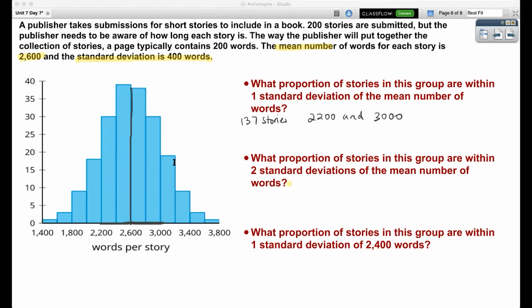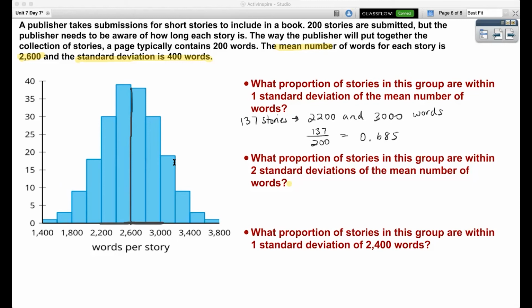There are 137 stories that fall into that interval. Well, what are we going to do with that? There are 137 stories that fall within the interval between 2,200 and 3,000 words, and there are a total of 200 stories. So I take 137 and I divide it by 200 to get 0.685.